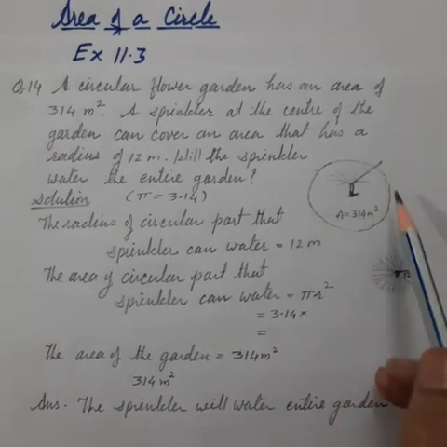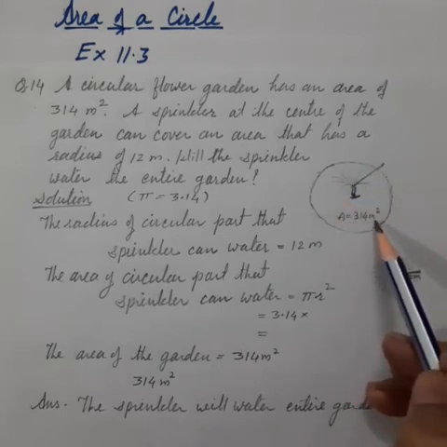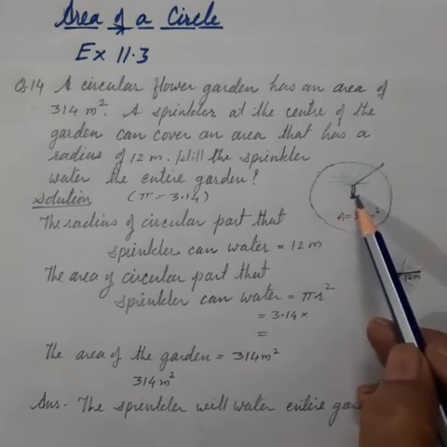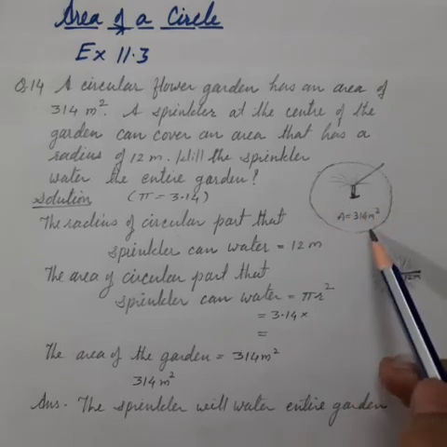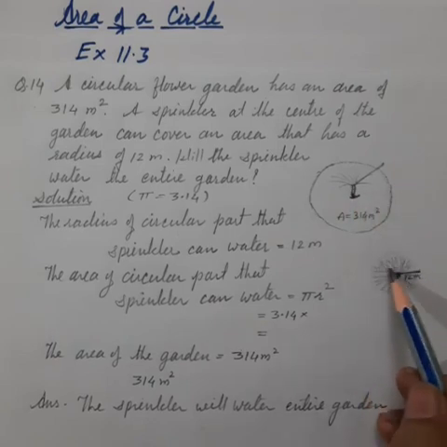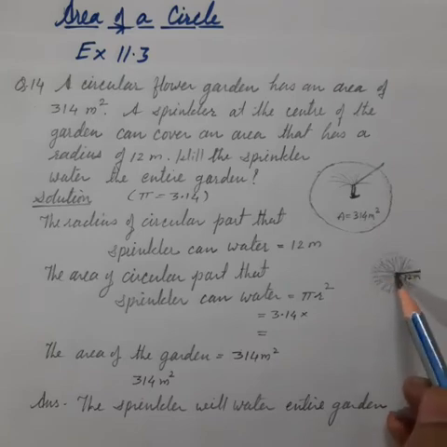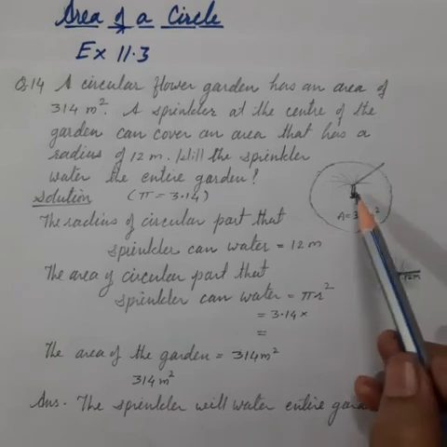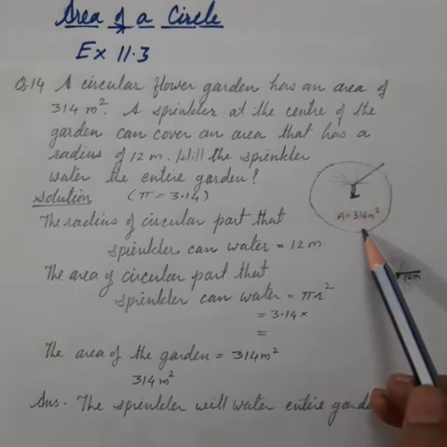Question 14. Here there is a circular flower garden whose area is 314 meter square, and at the center of the garden there is a sprinkler for watering this garden. This sprinkler waters a circular area whose radius is 12 meter. The question is, will this sprinkler cover the whole area of this garden?